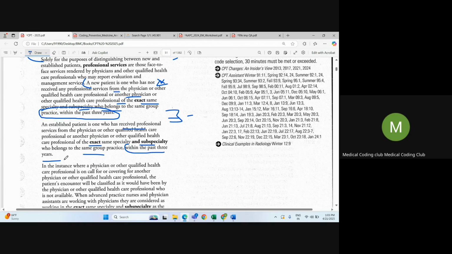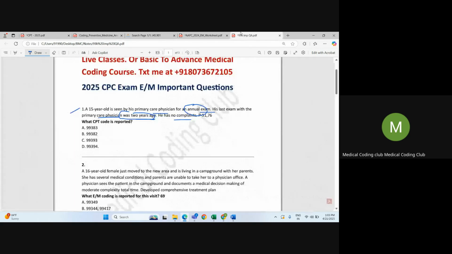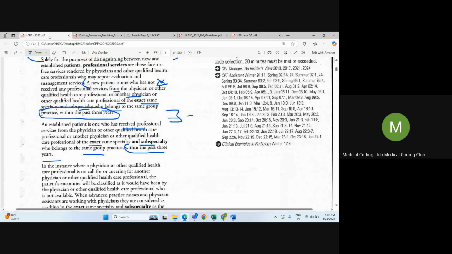So within 3 means the patient will be considered an established patient. Seeing that the patient is established here, the other thing you have to check is patient age. The patient is 15 years, so let's check established patient and the 15-year age criteria.